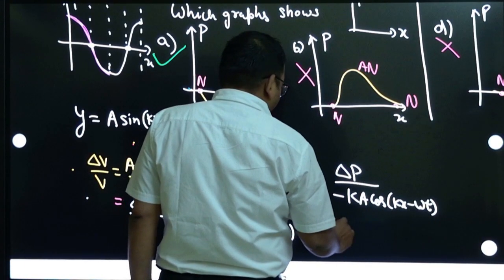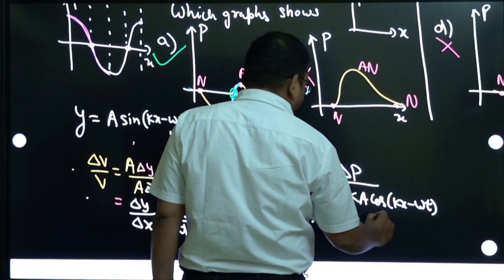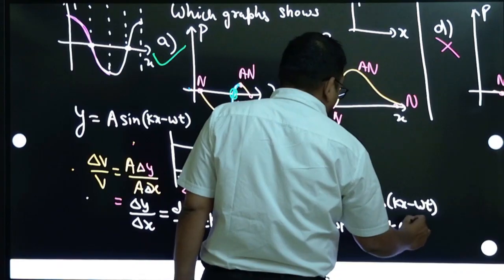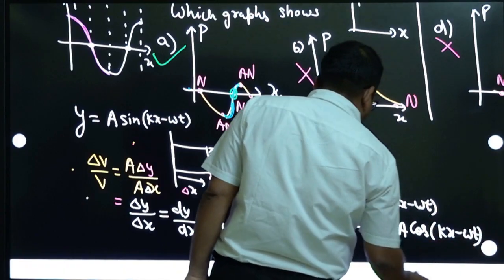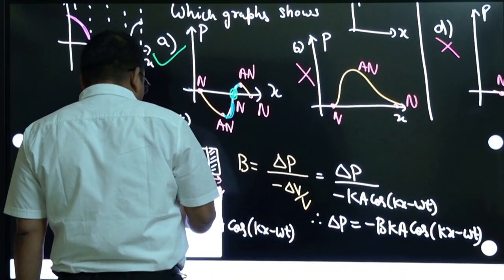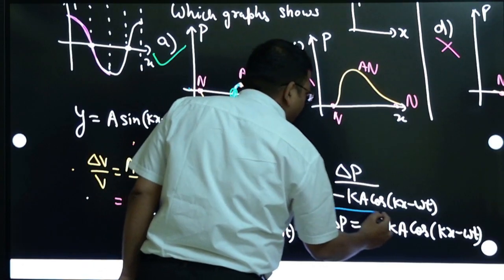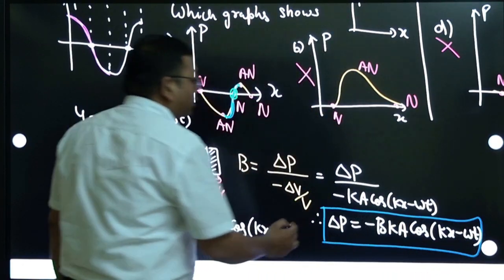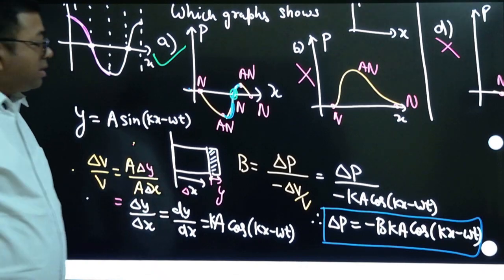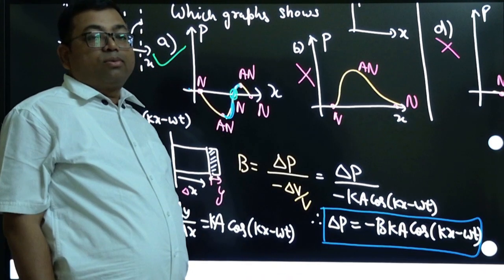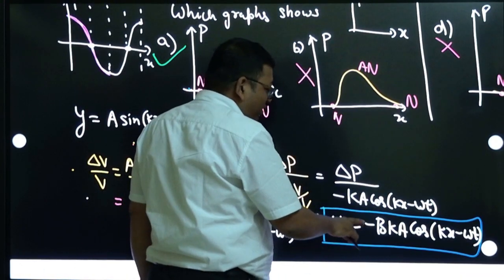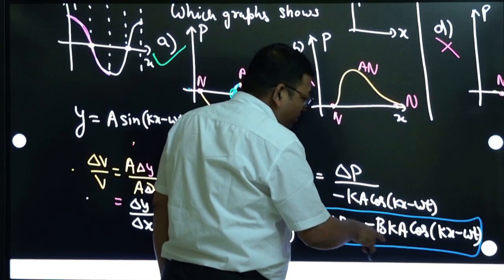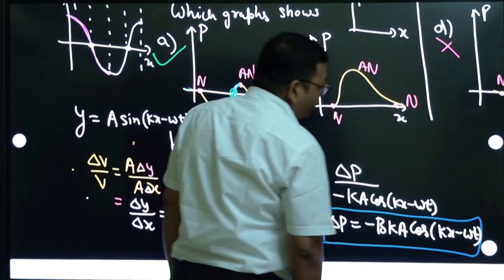Now we can write delta p as minus bka cos kx minus omega t. Do you remember this derivation? So there is a minus sign also, which we should not forget. Okay, so delta p is equal to minus the maximum pressure, but cos of this is also there.